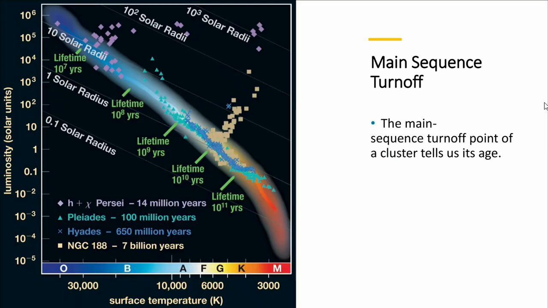So the HR diagram is useful for comparing and contrasting different stars, but using this main sequence turnoff technique, it's also very useful for studying the ages of star clusters that we find in our galaxy and in other galaxies.